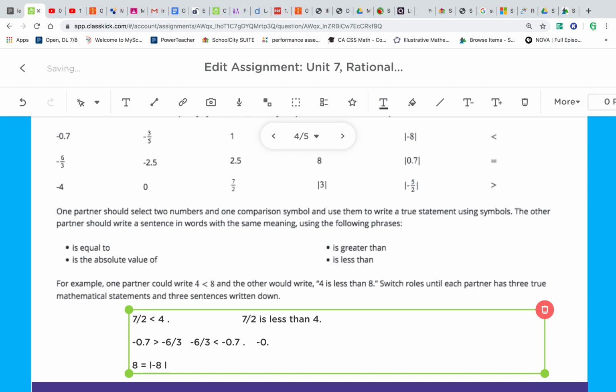Negative 0.7 is greater than negative 6 over 3. And then here, with words, we would say that 8 is equal to the absolute value of negative 8.